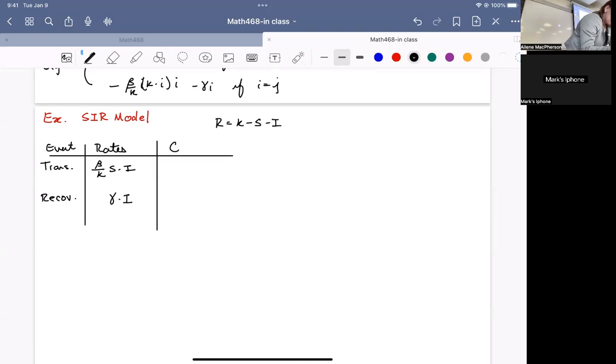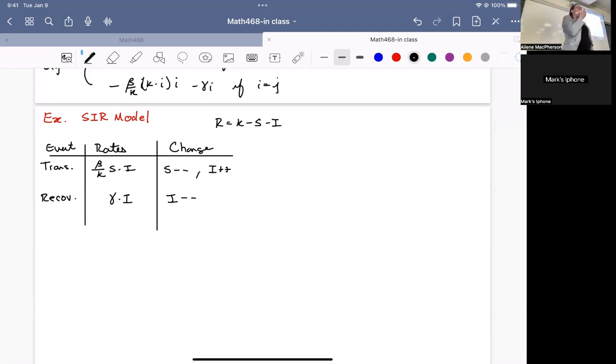And then I want to talk about the effect of each of these events on the states. If I have a transmission event, it decreases the number of susceptibles and increases the number of infected individuals. And if I have a recovery event, it decreases the number of infected individuals.